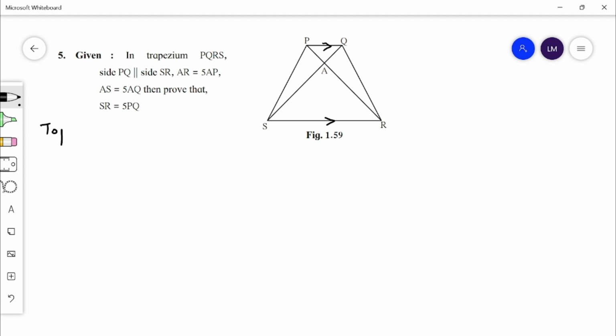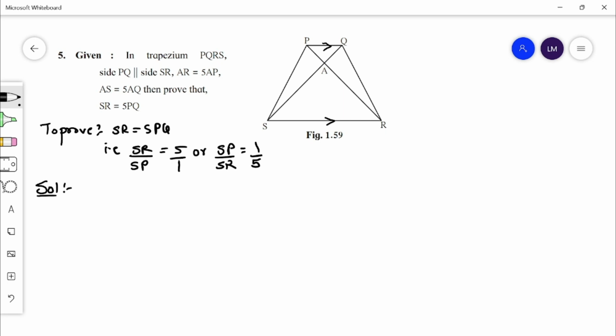To prove, we need to prove SR is equal to 5 PQ. That is, we need to prove SR upon PQ is equal to 5 upon 1, or you can even say PQ upon SR is equal to 1 upon 5. Okay, solution.